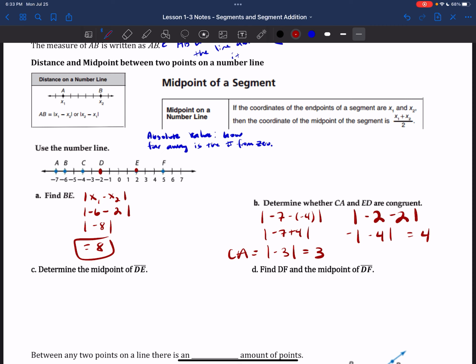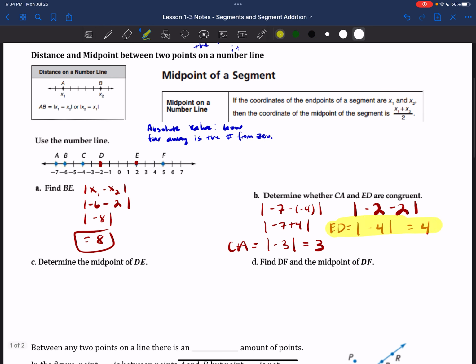So that's for ED. So what can I say about ED and CA? Well, CA is 3, ED is 4. They are not the same number. Therefore, they are not congruent. So that is not congruent.